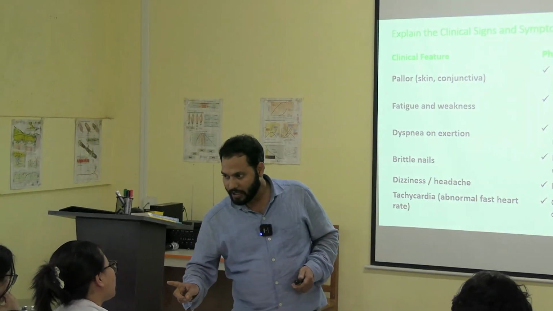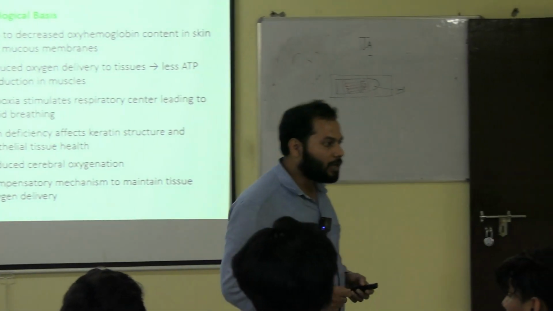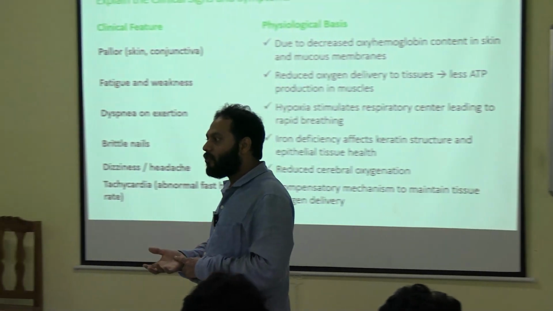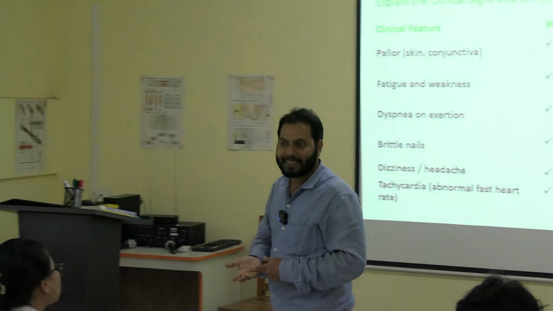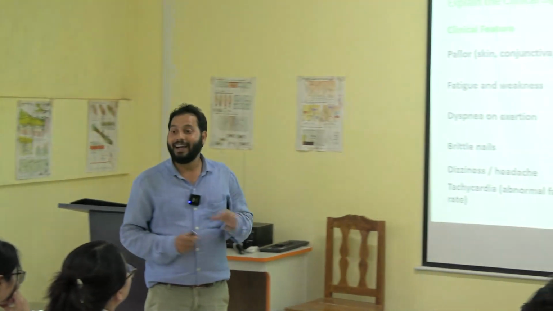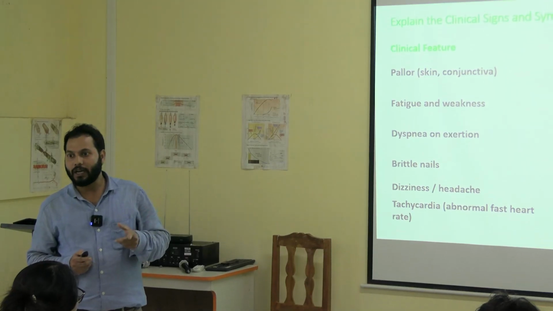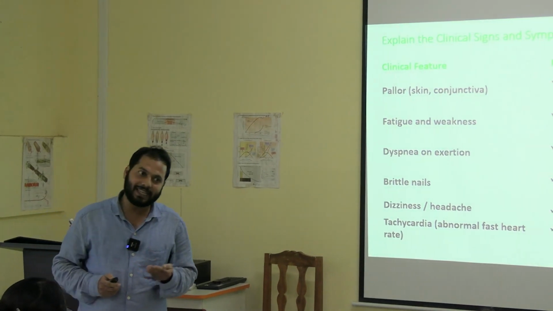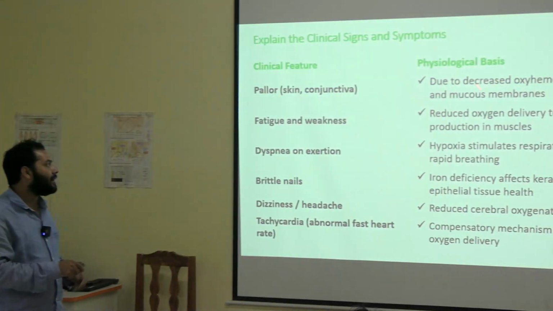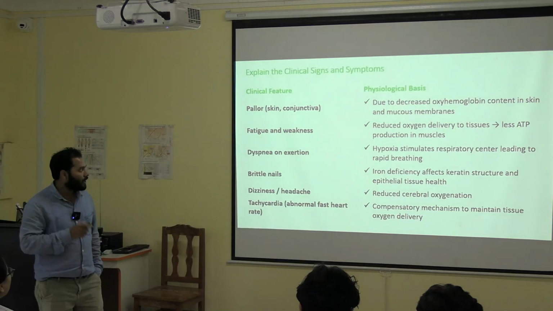Oxygen that binds with the hemoglobin. In this case, the level of oxyhemoglobin content should be reduced, meaning the concentration of hemoglobin is less, as well as less oxygen binds with it. So that is one main reason for the change in color, right?